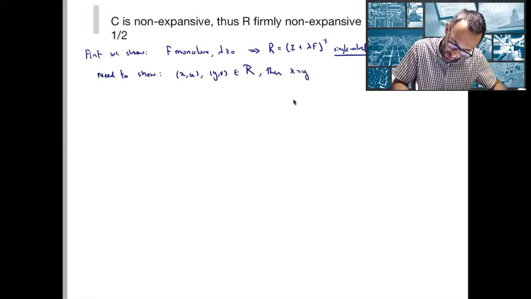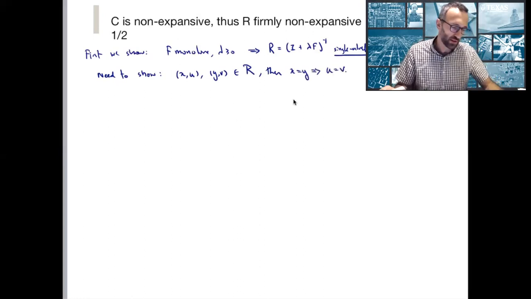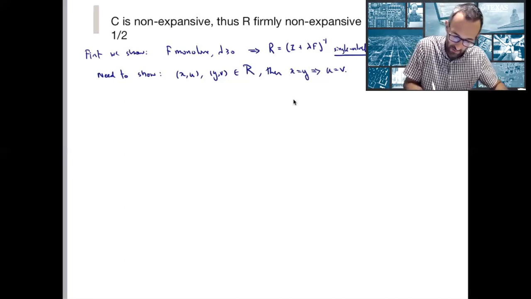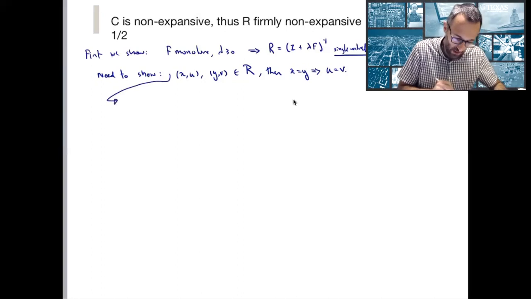Then x equals y implies that u equals v. And of course, if x doesn't equal y, then we don't care. So if (x,u) and (y,v) are in R, what do we have? Let's take this one step at a time.